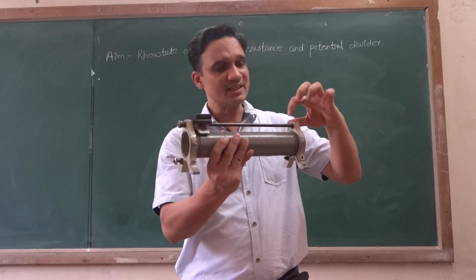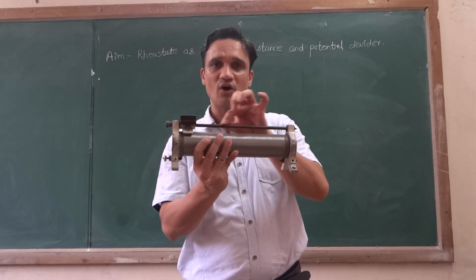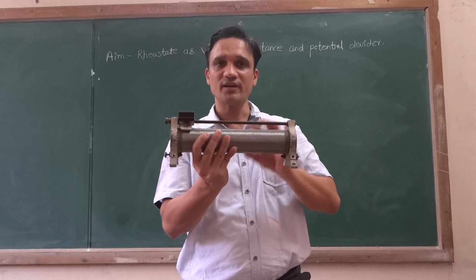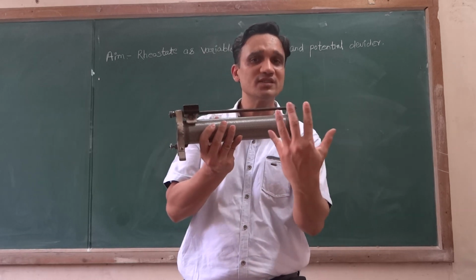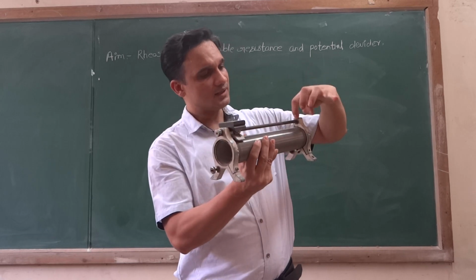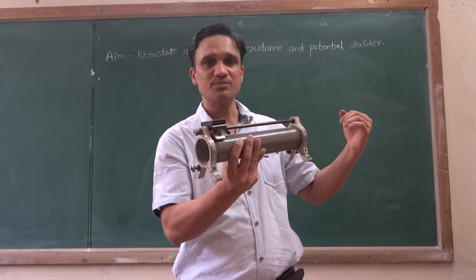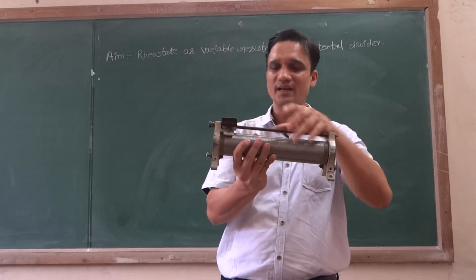It is insulated from these points. This copper rod is not in electrical contact with the other portion of the rheostat. It is insulated over here; Teflon grooves are provided through which this rod is passed, so this is not in electrical contact.